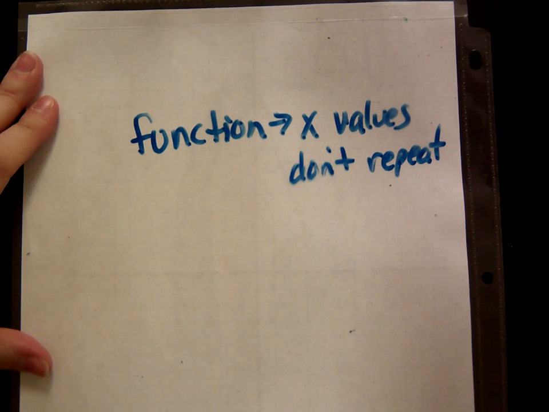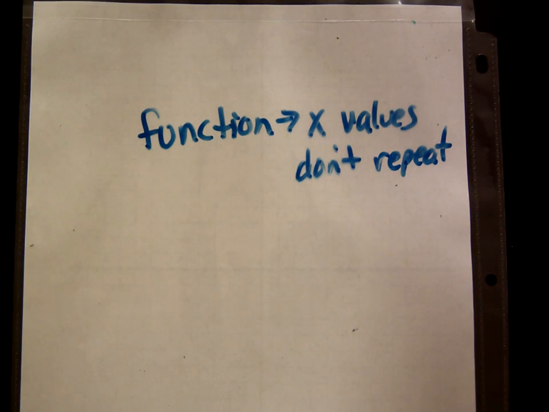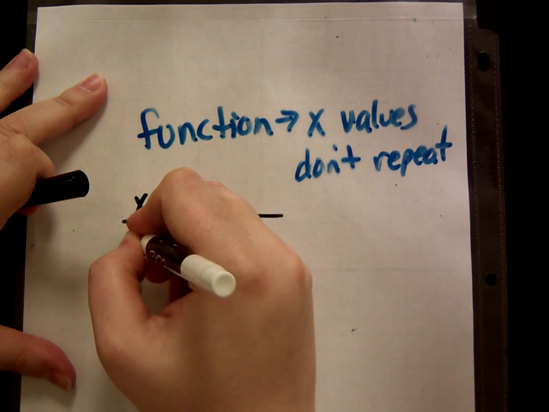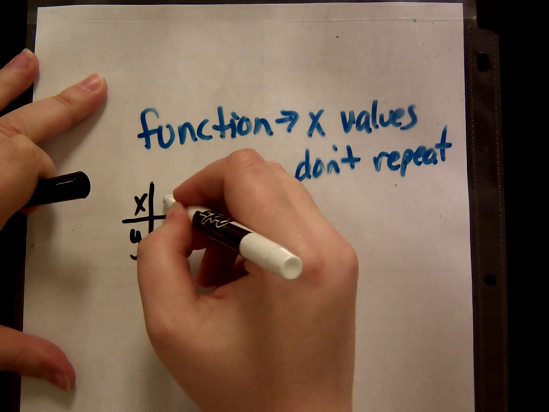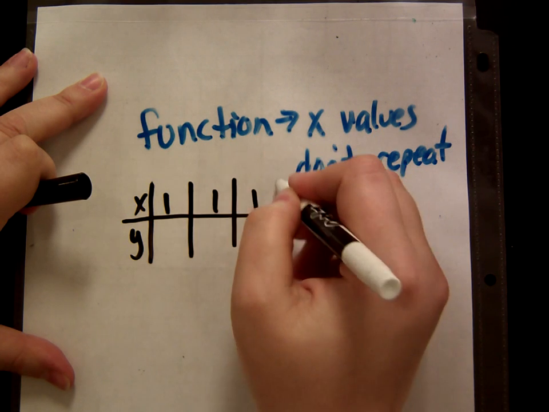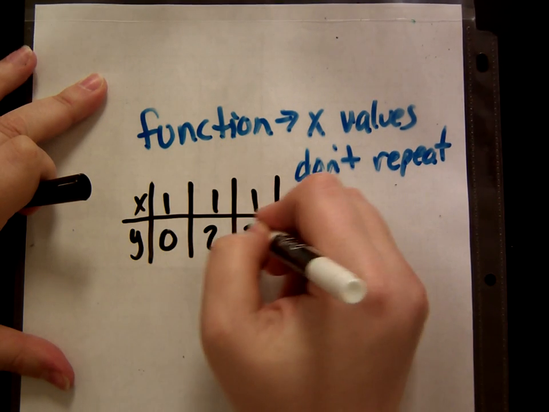So let's say I had a set of points. We'll do another table. Okay, I can have 1, 0, 2, 3.